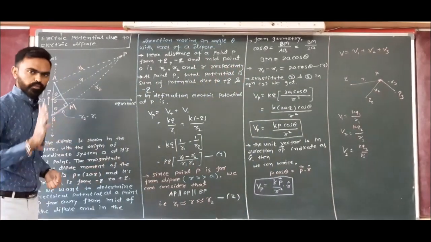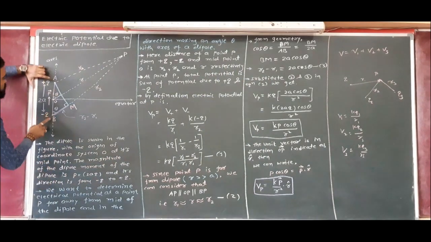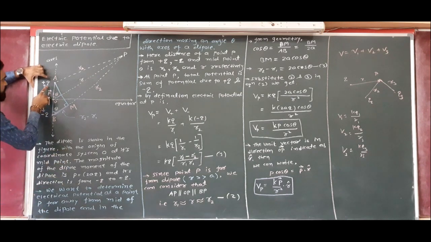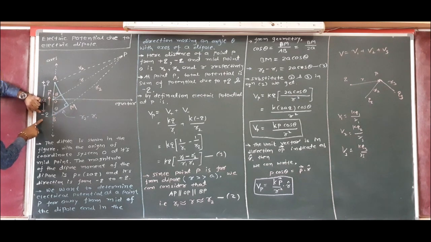I have one dipole. This is the dipole, and we know a dipole is a system of how many charges? Two. But which type of charges must we have? Equal and opposite. Equal in the sense of magnitude and opposite in the sense of polarity. Let the positive charge plus Q and negative charge minus Q make a dipole having separation 2a.